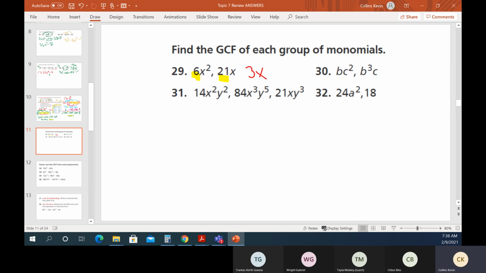There's no numbers, so it has to be letters, right? So we got a B to the first and a B to the third, so we need the smaller exponent. Then we have a C to the second and a C to the first. Again, we need the smallest exponent. So what's our greatest common factor here?